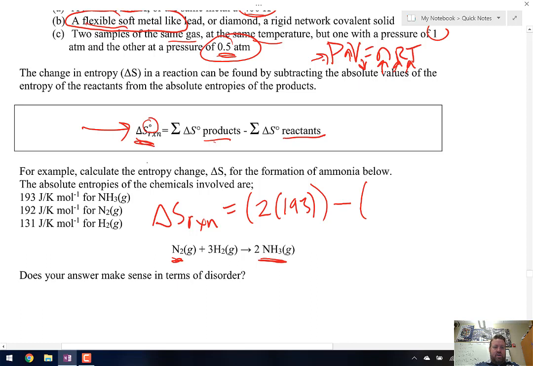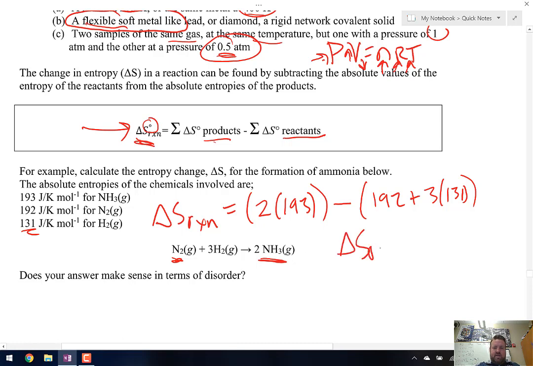So nitrogen is 192 plus hydrogen, which is 131, and there's 3 of them, 3 times 131. So I'm going to take 2 times 193 minus, and then in parentheses, 192 plus 3 times 131. Close my parentheses, and I get a final answer.